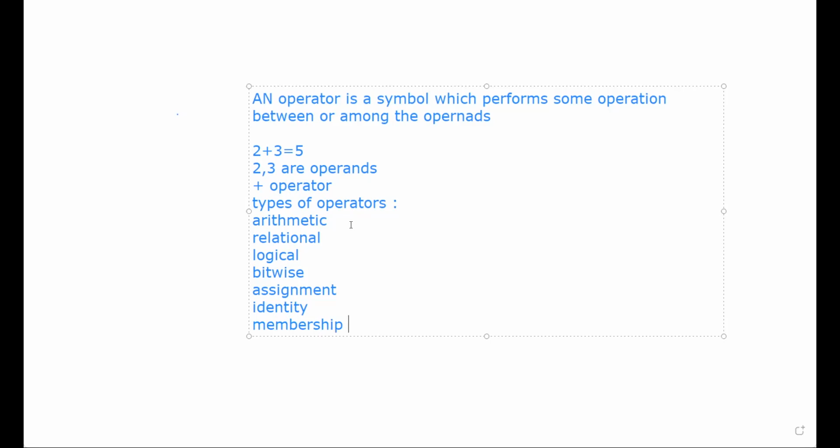So firstly, I want to talk about what the arithmetic operators are and what they do. Arithmetic means they basically perform mathematical operations. So what are the mathematical operations we have?